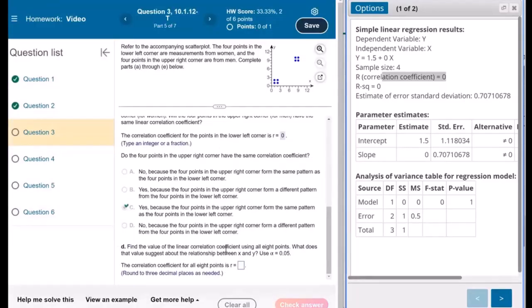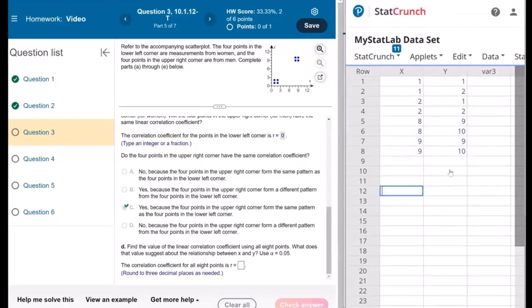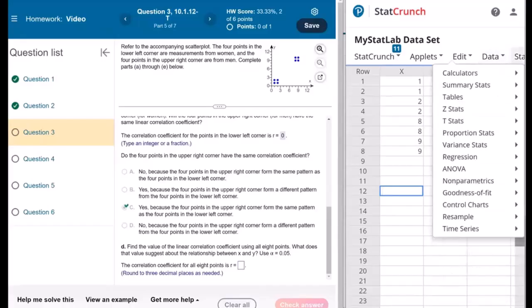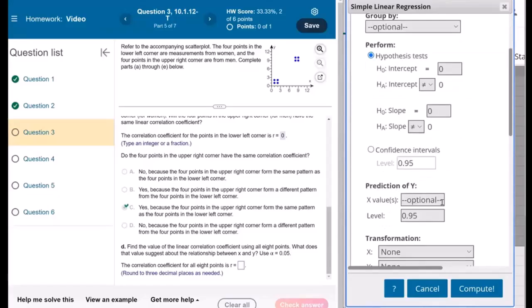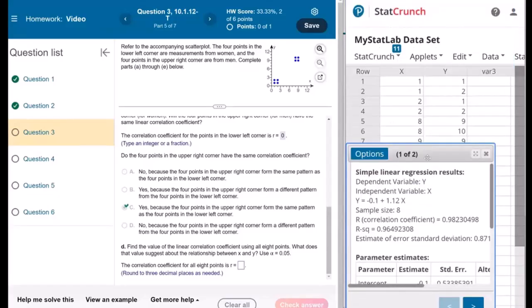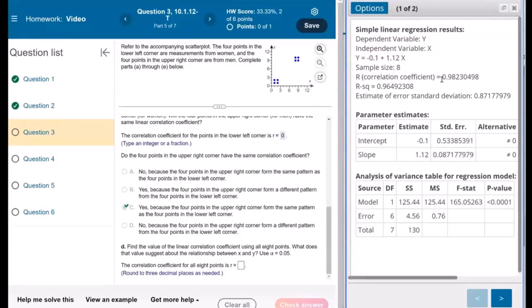Find the value of the linear correlation coefficient using all 8 points. Now let's go back to Stat, Simple Linear, X. Everything else was fine. Hit compute. Oh, wow, look at the difference.